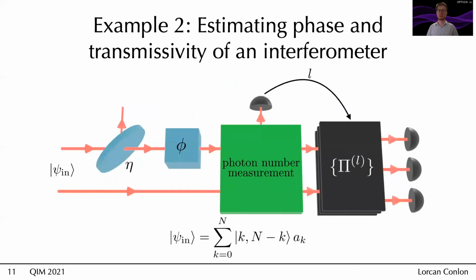And our second example concerns the simultaneous estimation of phase and loss in an interferometer. We consider the most general photonic input states of the form shown, which have a maximum of n photons. And for all n up to and including 14, we found that the Holevo and Nagaoka-Hayashi bounds coincide.